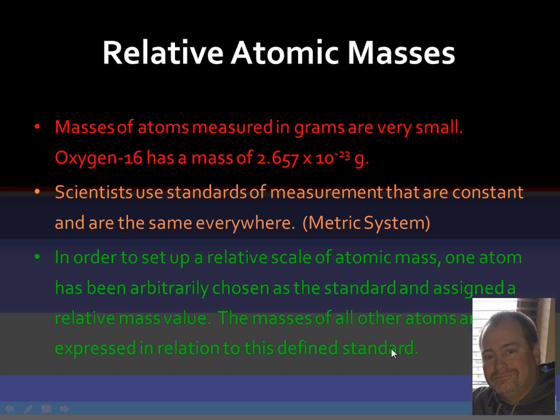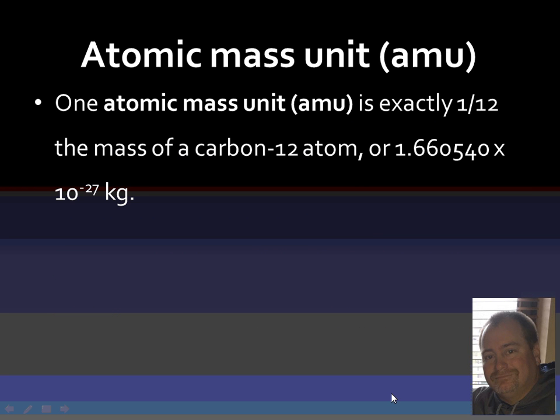In order to set up a scale, we have to signify one element that is the standard so we can compare all other elements to our standard. So we have arbitrarily chosen one element to be our standard, and that element is carbon 12.